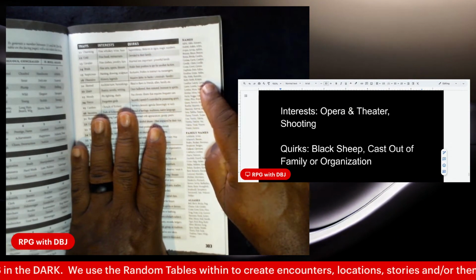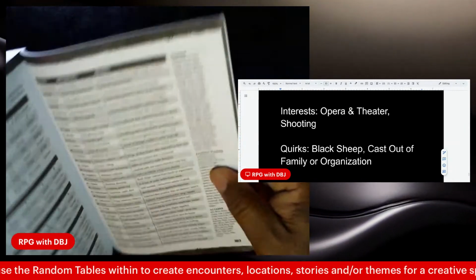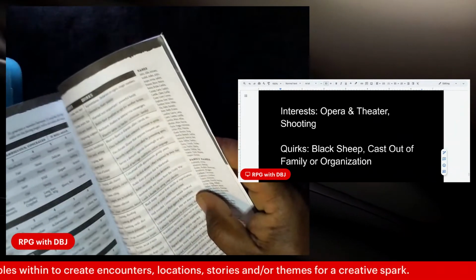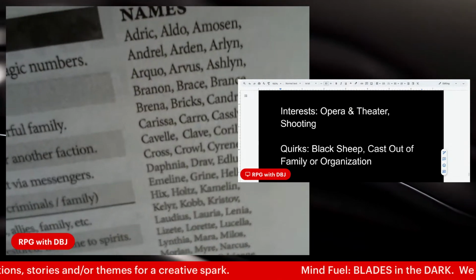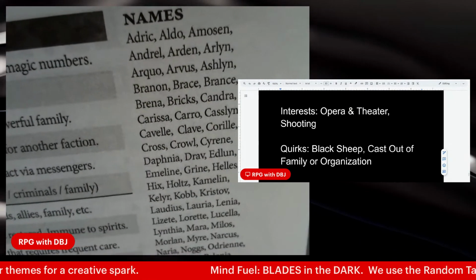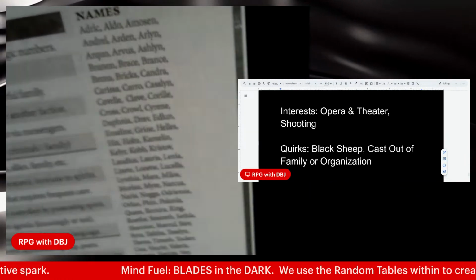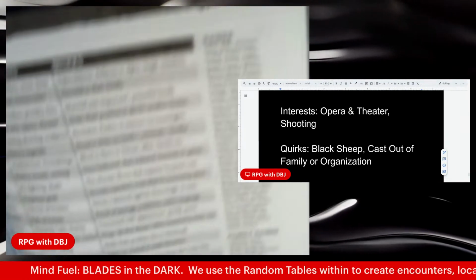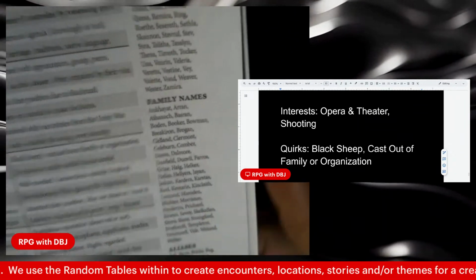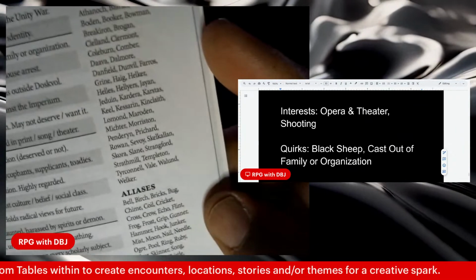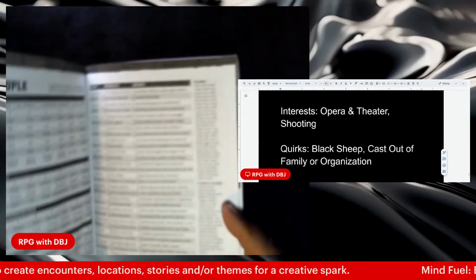There's no way you're going to be able to read these because even in this printing, it's got to be like 0.6, maybe 0.8. Below that we've got family names, and then below that we have aliases. And love ourselves some aliases, right?